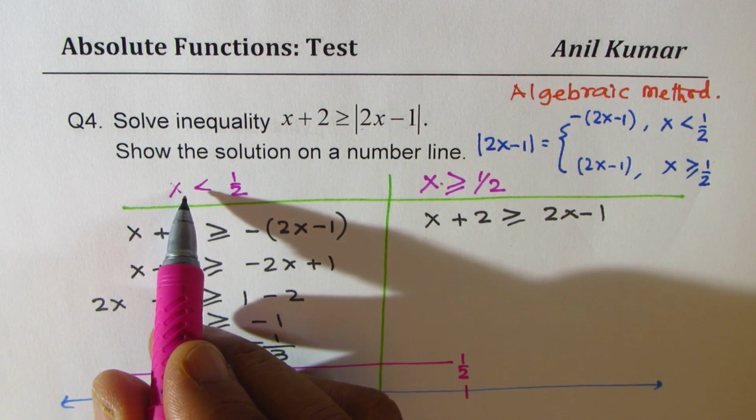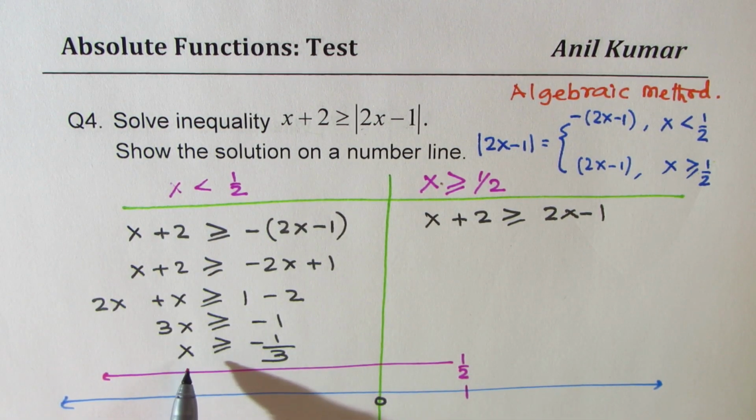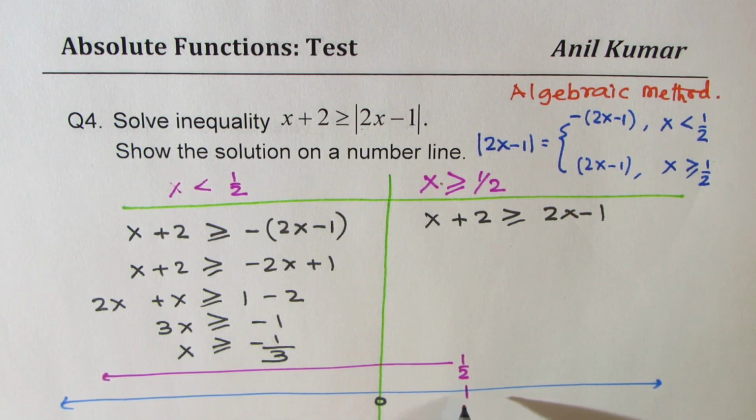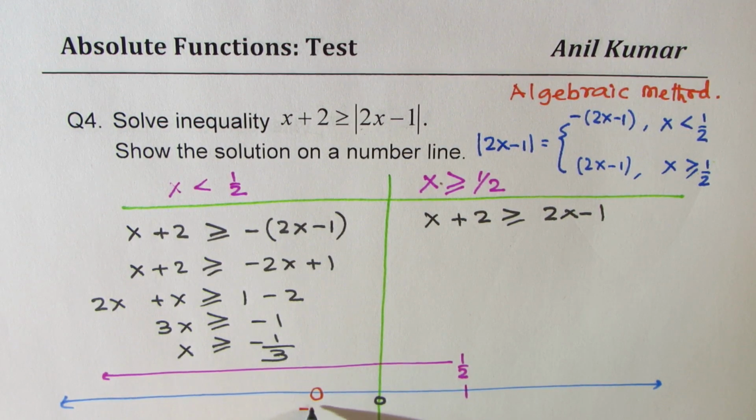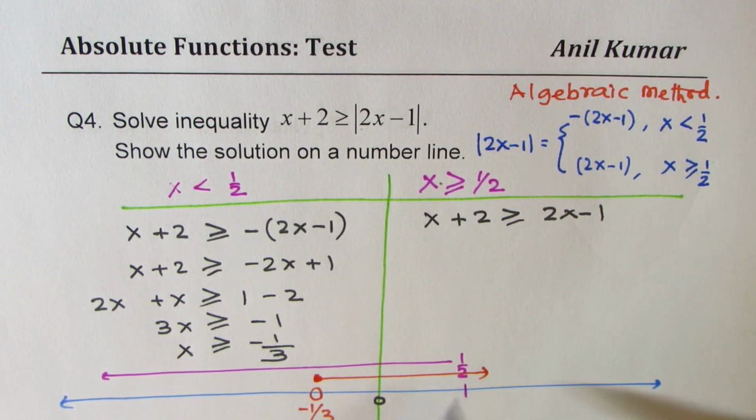We are talking about that portion, right? And we are saying that the solution is that x is greater than or equal to minus 1 over 3. It really means what? It means if this point here is minus 1 over 3, then the solution is everything including this point to the right.